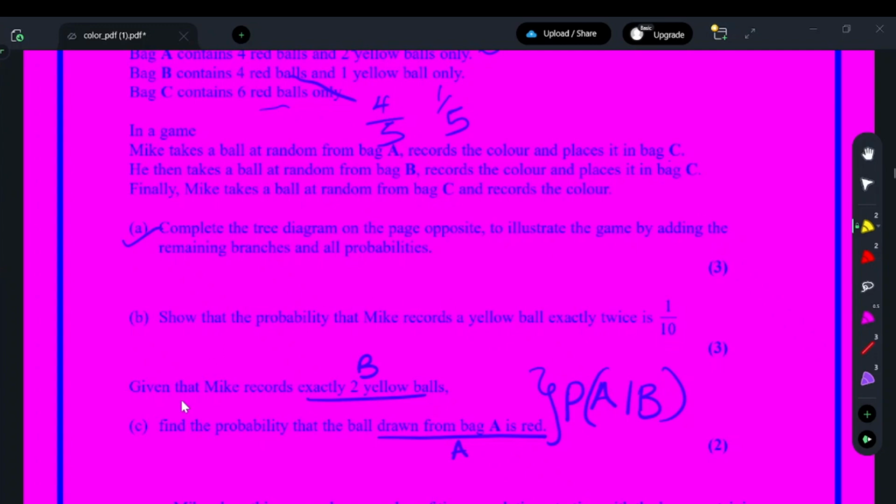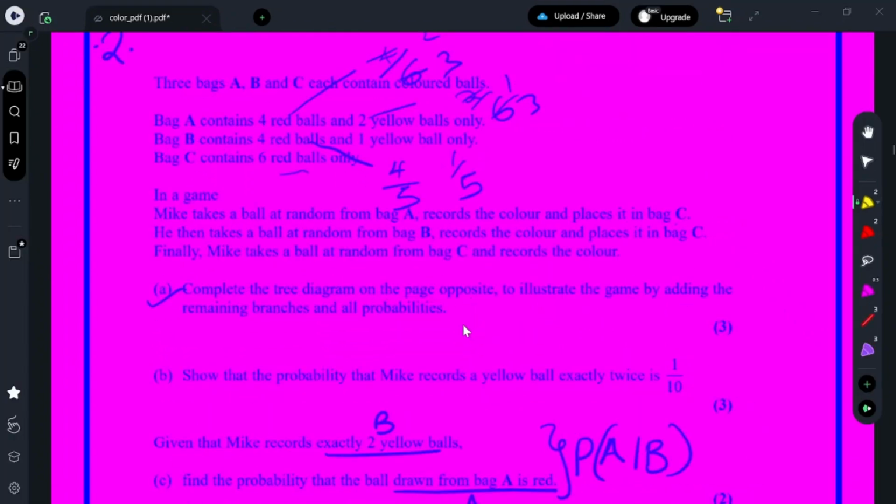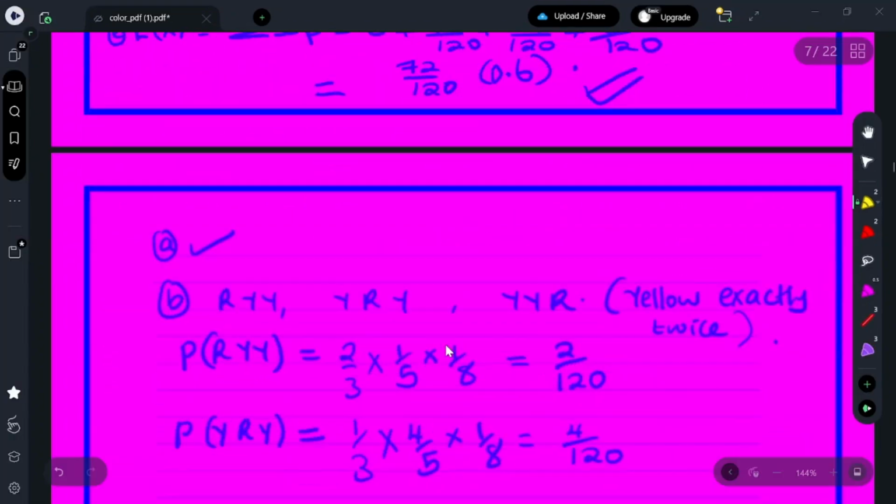Then, given that Mike records exactly 2 yellow balls, we need to find the probability that the ball taken from bag A is red. This is conditional probability, where we let the event of Mike taking a red ball from bag A be A, and exactly 2 yellow balls be event B. We use the tree diagram so that we can know the probabilities that we will be using.